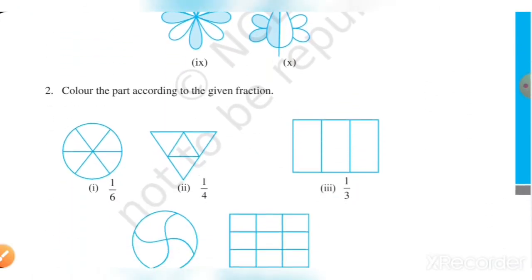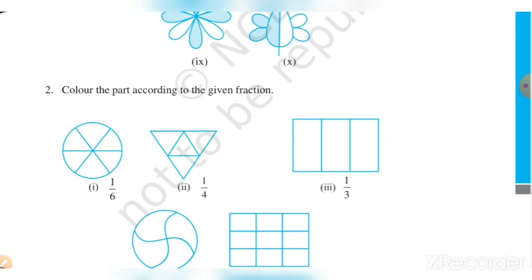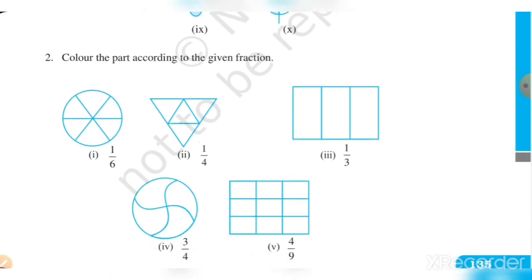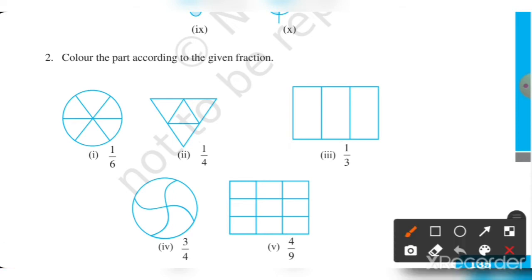Then question 2. Color the parts according to the given fraction. You have to fill color. First one is 1/6. Total parts are 6: 1, 2, 3, 4, 5, 6. Out of 6, how many parts do you have to color? 1.